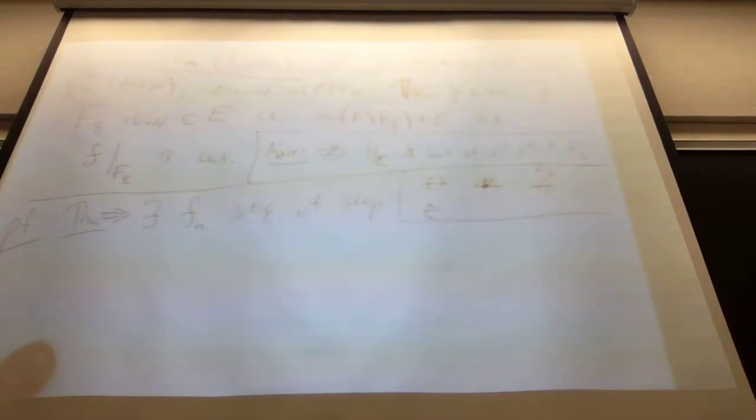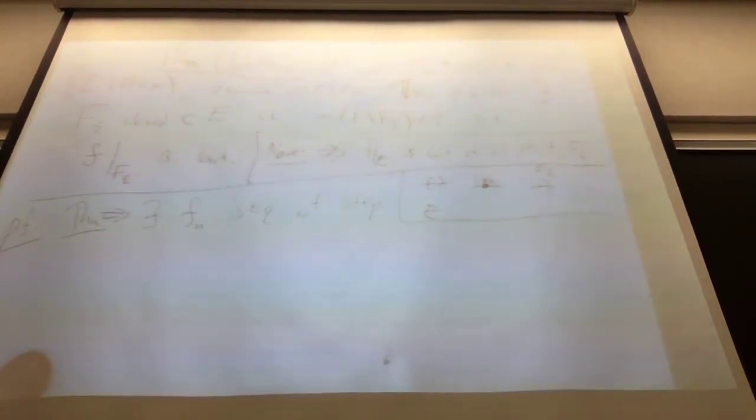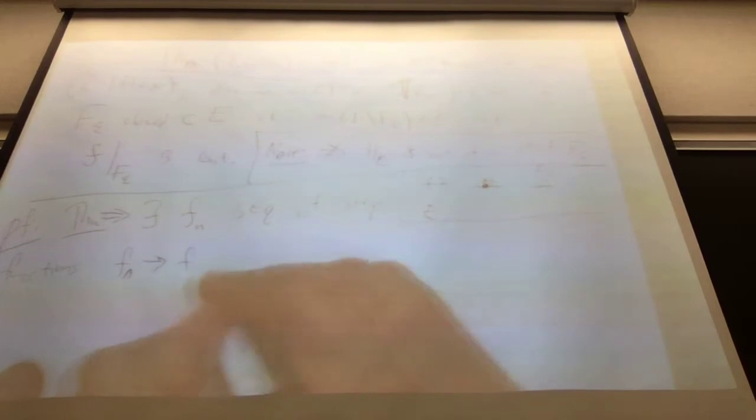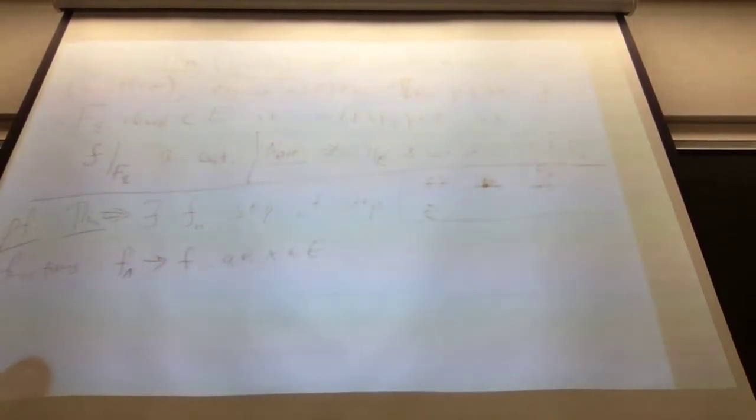It is useful to use not simple functions but step functions, finite linear combinations of characteristic functions of rectangles. So there's a sequence of step functions which converge to f for almost every x in E.